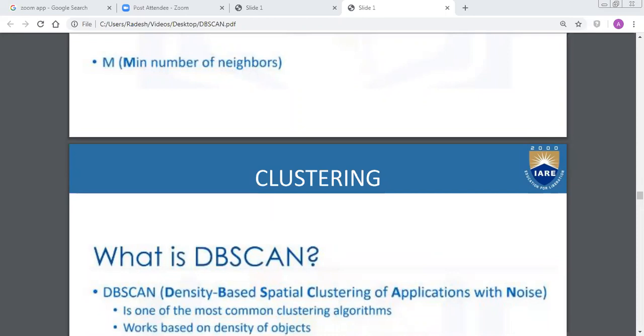In those two techniques, we cannot remove the noise, and noise also becomes part of the clusters. But here, the noise can be removed and called outliers. So we come across quality clusters using DBSCAN. Clear?